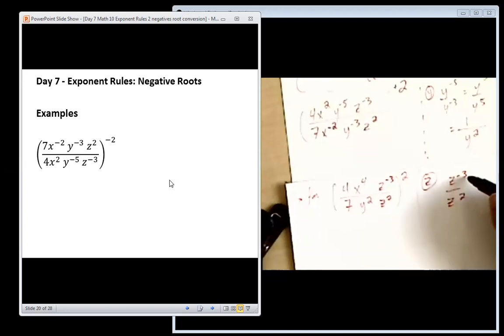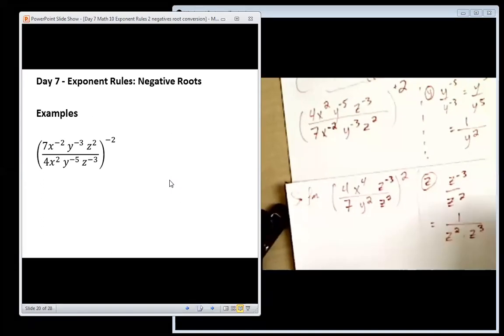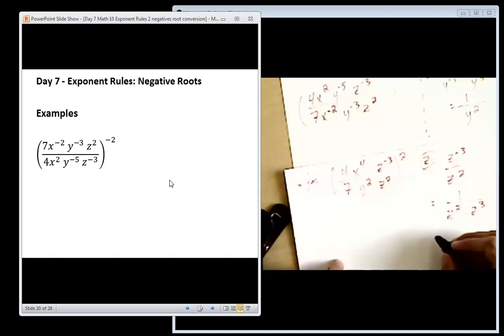This one will come down though, right? Okay, so watch. That one stays there, and then it's times this one now, which is positive. From class here, we had z to the 5 on the bottom, right? Beautiful.